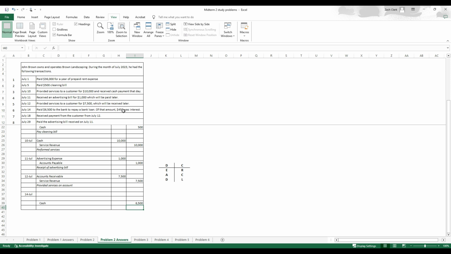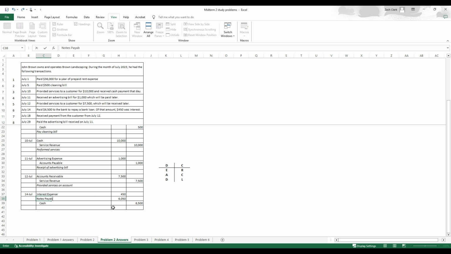And then it tells us that $450 was interest. And remember, when we're paying interest, that's an expense. So it's a debit. So we can say interest expense $450, and then the rest of the cash, the difference between the $6,500 and $450, so $6,050, then goes to repay the principal of the bank loan.